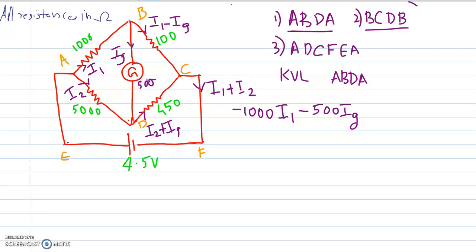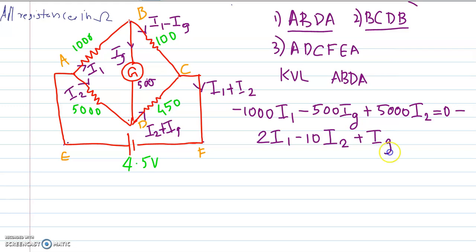Then from D to A, I am moving in the opposite direction of the assumed current I2, so it is plus 5000 I2 equal to 0. That is equation number 1. Effectively this can be written as 2I1 minus 10I2 plus Ig equal to 0.